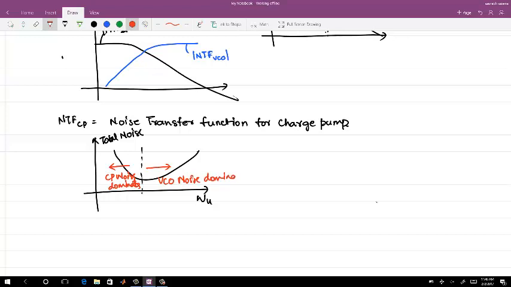So you do all the analysis which we have talked about in the presence of noise, and you find the optimal bandwidth for the given noise sources. Either you choose that bandwidth or you change the noise sources themselves, spend more power. For each omega u, you do the same analysis. Any questions?